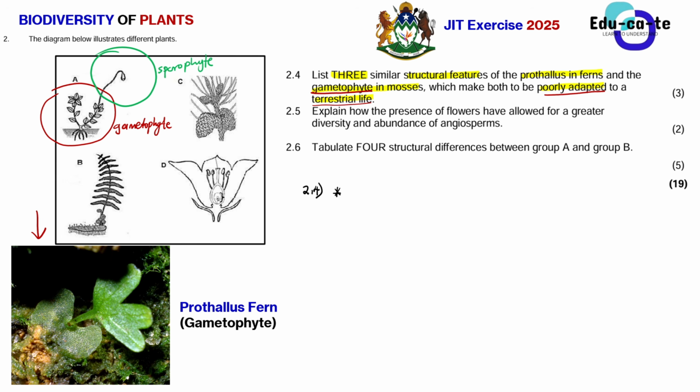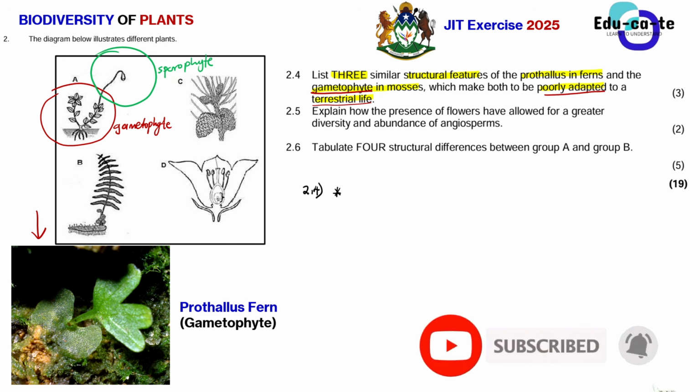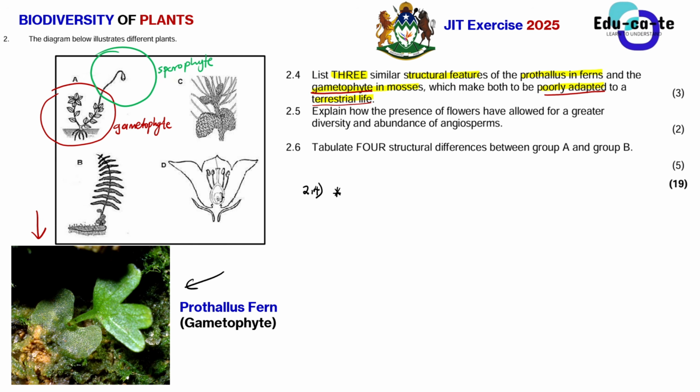They do not have true leaves, they don't have true stems, they don't have true roots. That's the first thing. So the first thing is that both of them are thallus, because this prothallus fern, I've already told you that it's still small. It doesn't have real roots, real stems, or real leaves, because it's still so small.